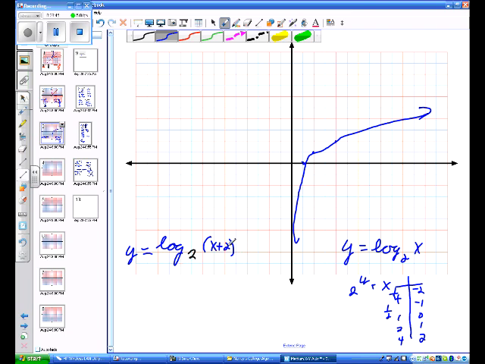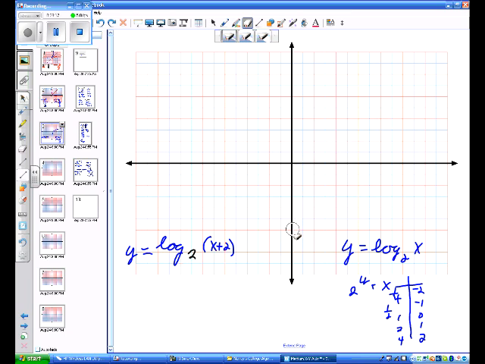Now, all that happens here is we're changing our y values. And so all of our y values, we would undo that, so they're all going to go 2 units to the left. And so let me go back and just see if I can draw that a little bit better. These are not the easiest things to draw on this.